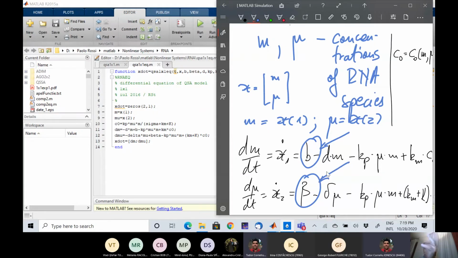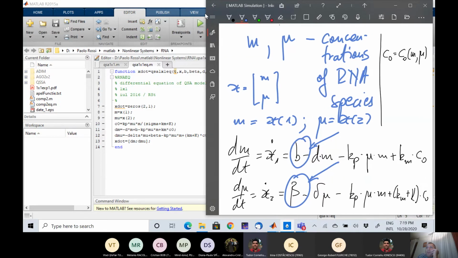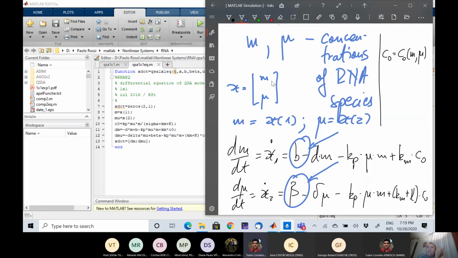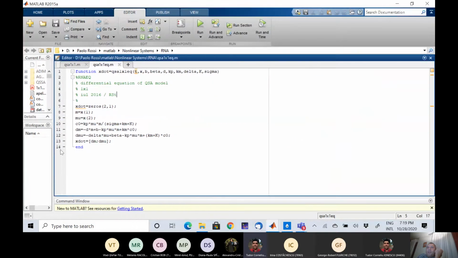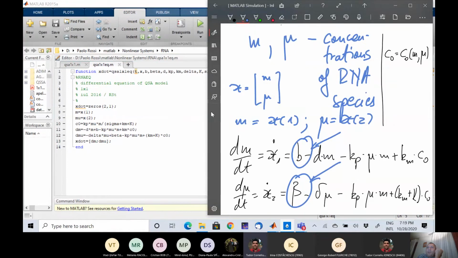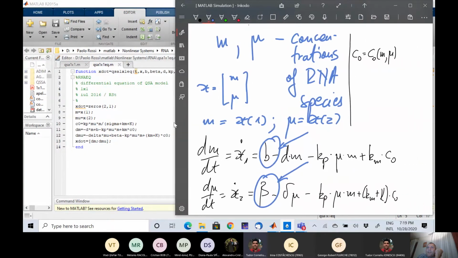We will come back a little bit later to b and beta, but my point now was for you to have a very clear image of what we have to do in order to write this equation, right?